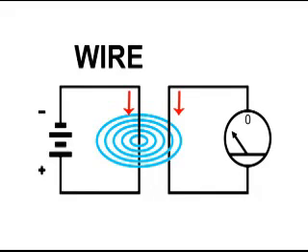And when we stop moving the wire, there is no current in the secondary.